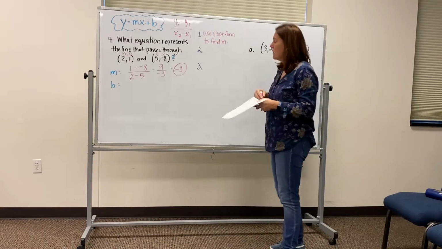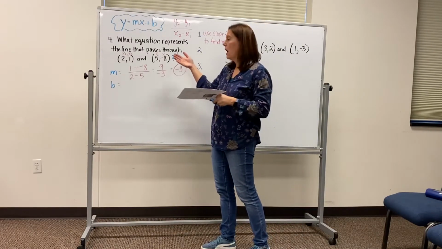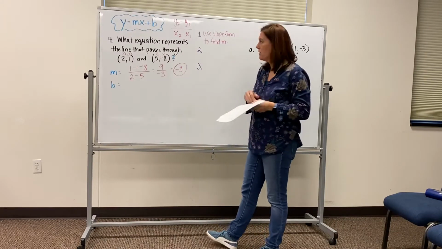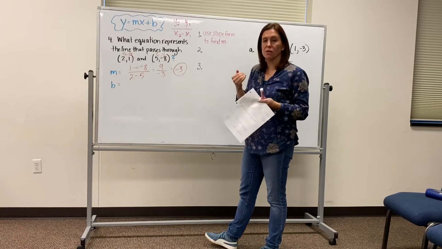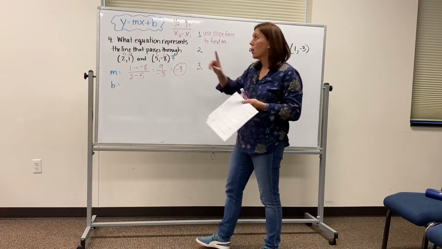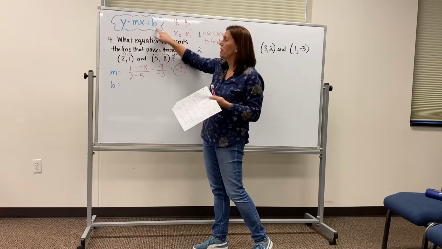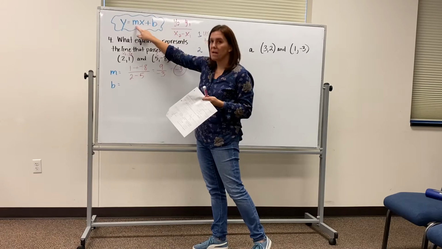Okay, now I remember slope-intercept form. I found slope, I now need to find intercept. Well, if I don't have a graph to look at, I need to use algebra. Now remember, this formula is y equals mx plus b. Well, I just found m.